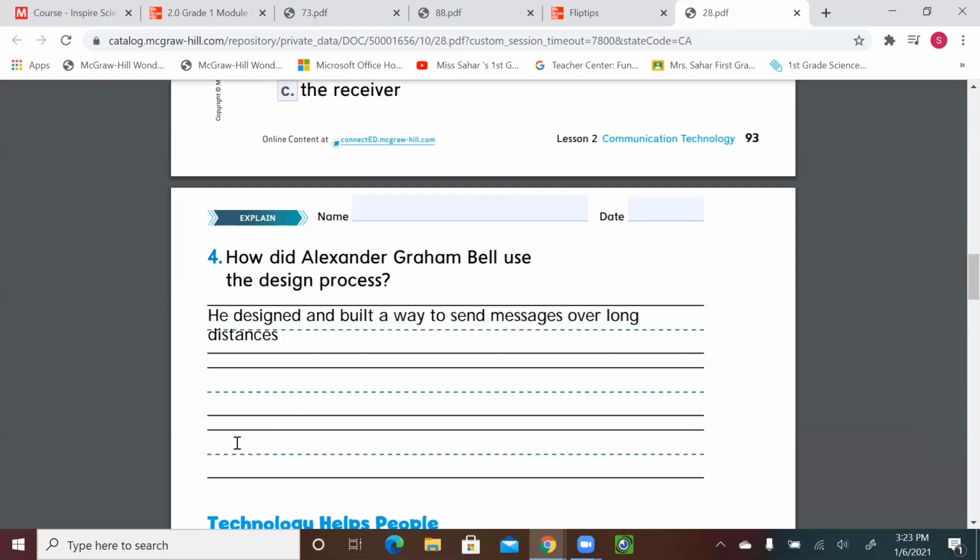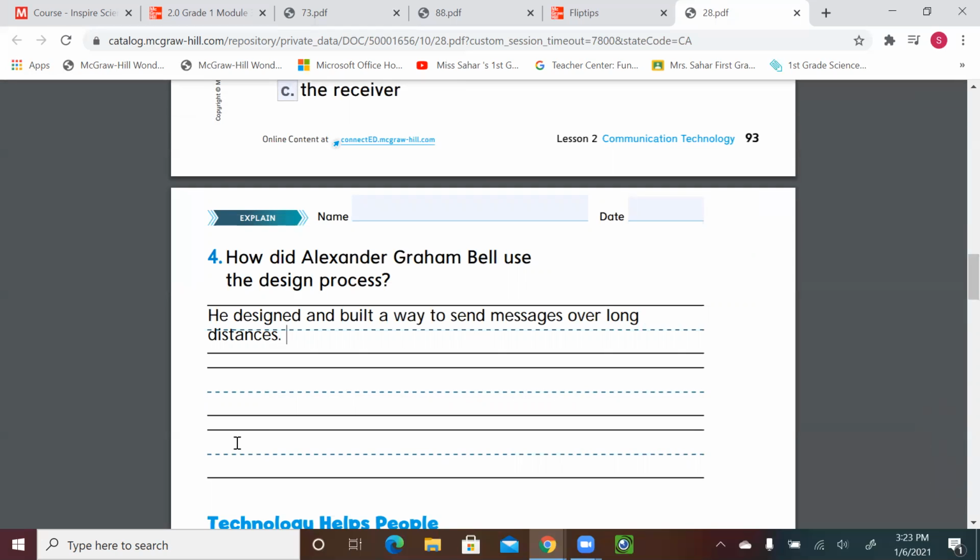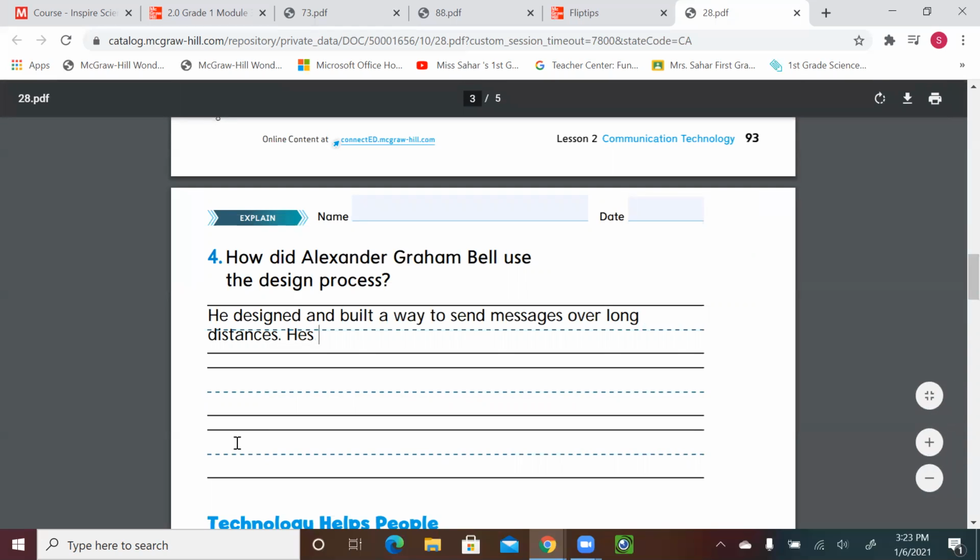So we found the problem now. So what we need to do, he tested and kept trying till he got the result that he was looking for. And he improved his design.